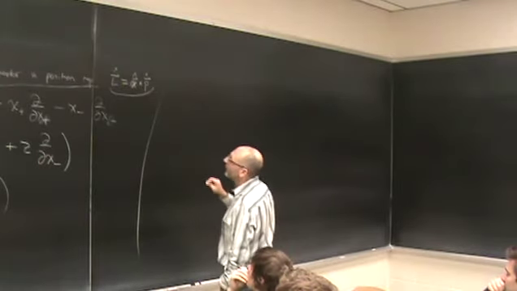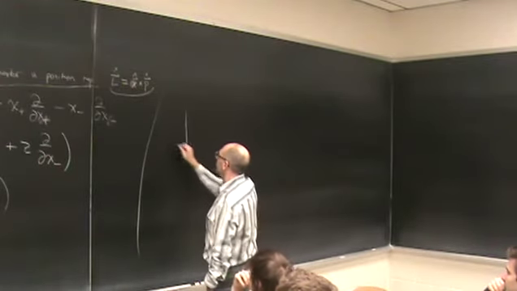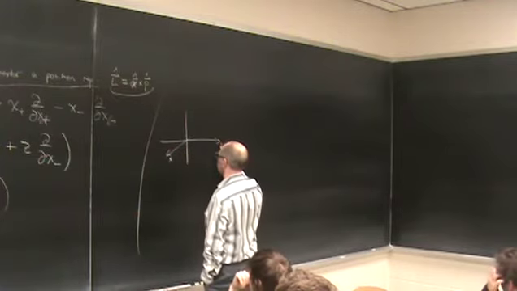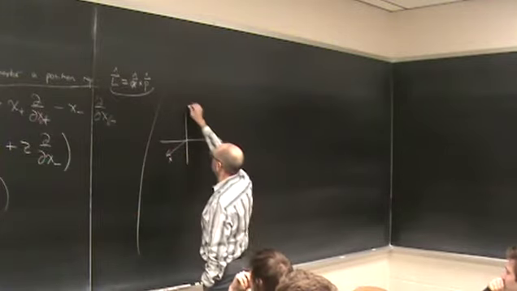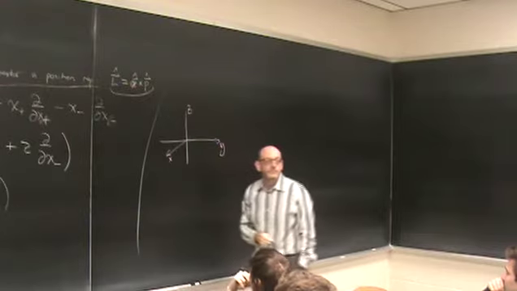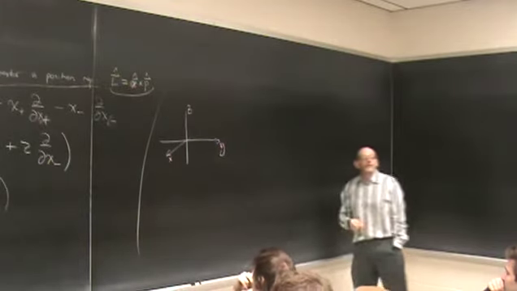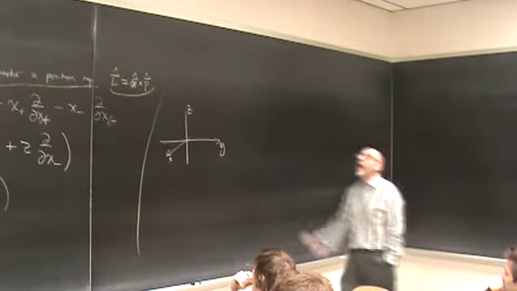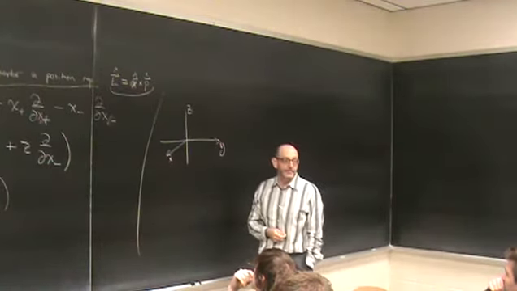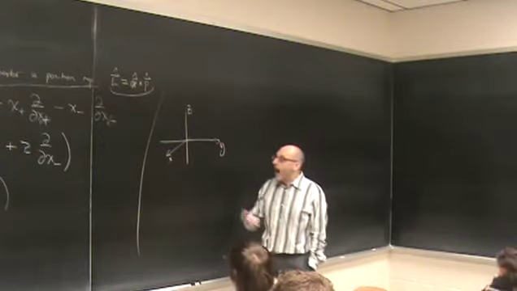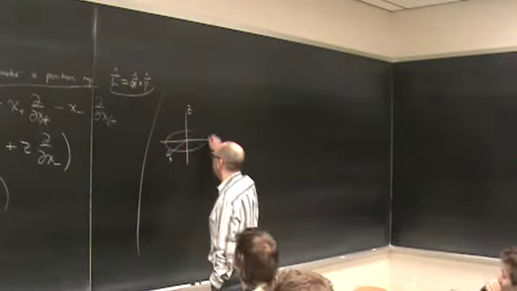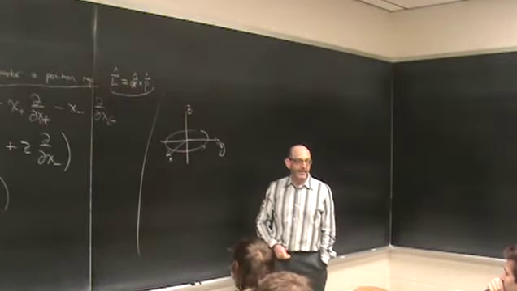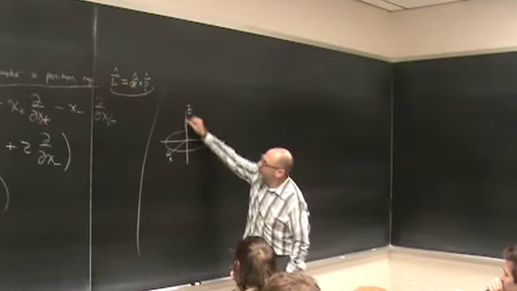So for example, if here's three-dimensional space, x, y, z, if I want to have zero angular momentum along the z-axis, I cannot have my orbit be in the xy plane. If my orbit is in the xy plane, then I have a lot of angular momentum along z.